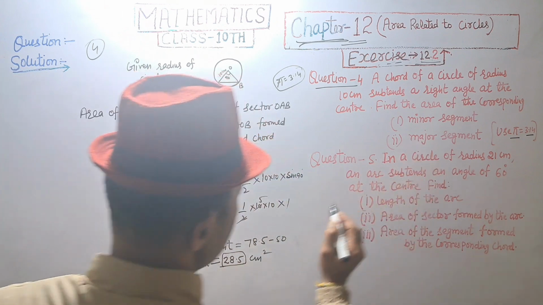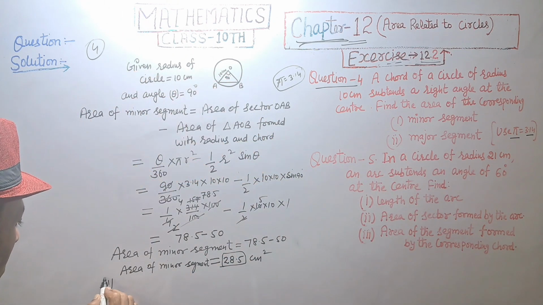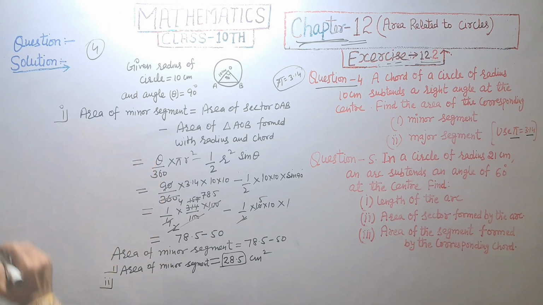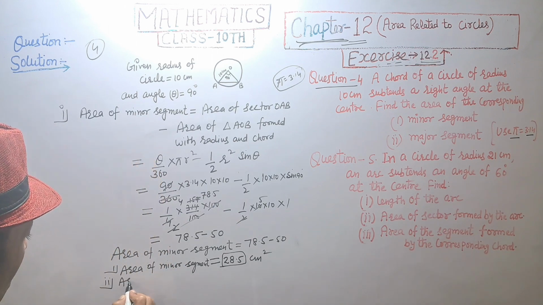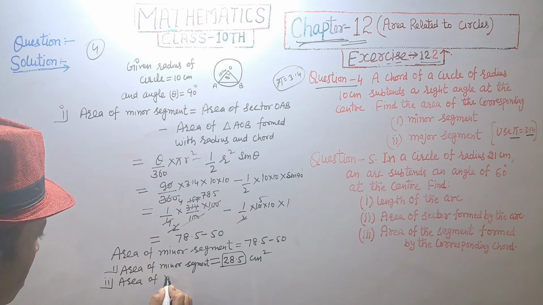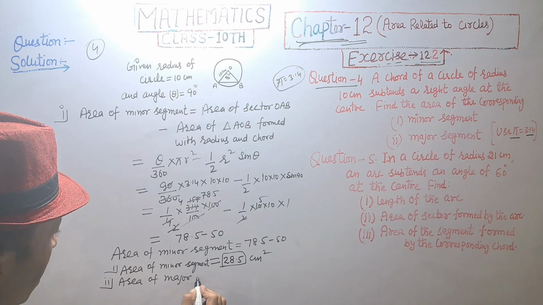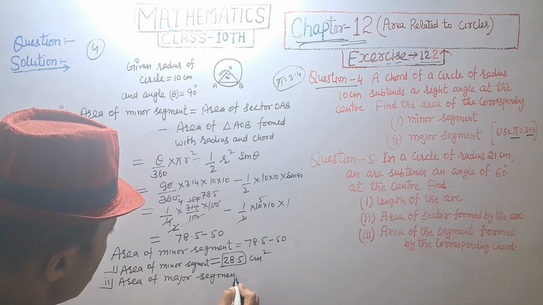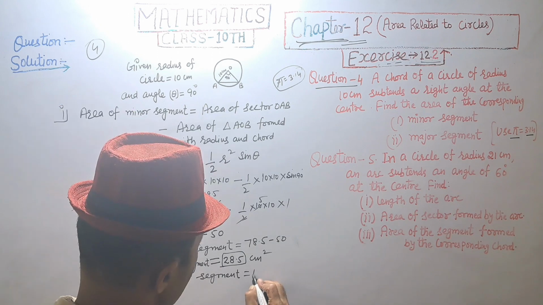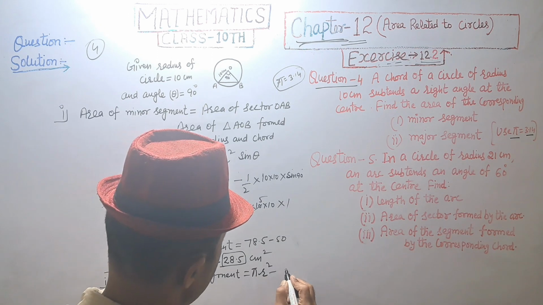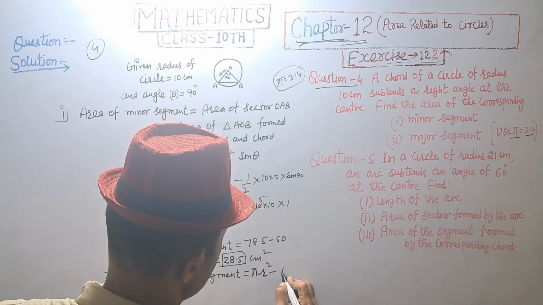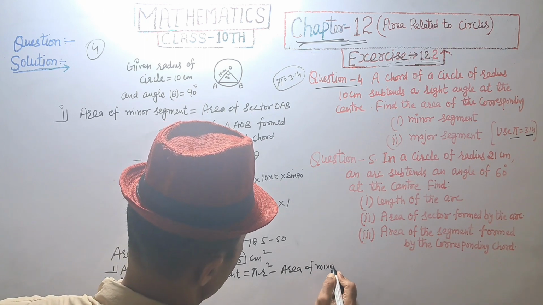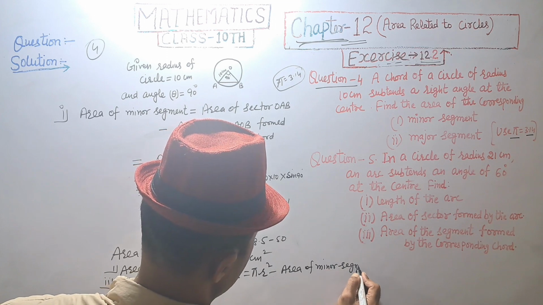And second part, area of major segment is equal to pi r square minus area of minor segment.